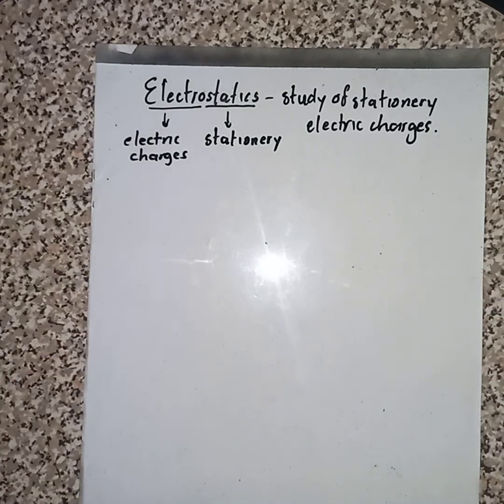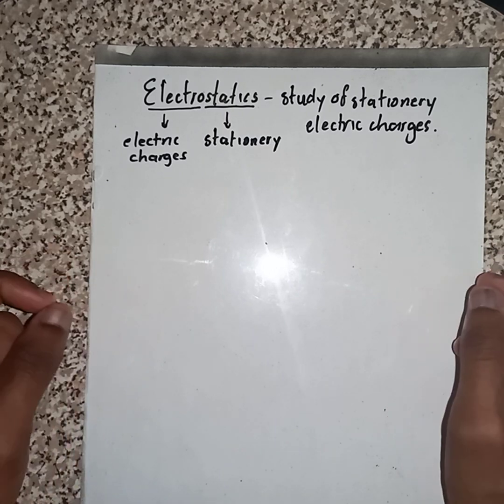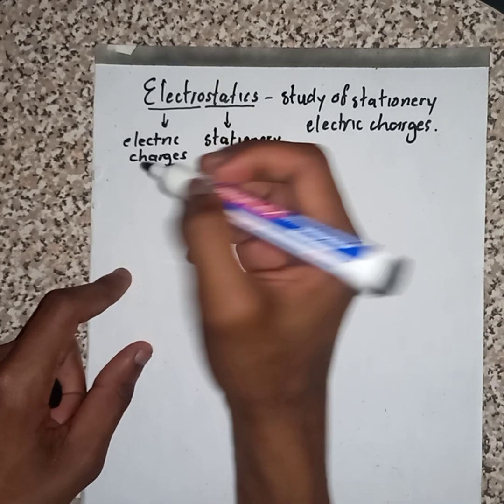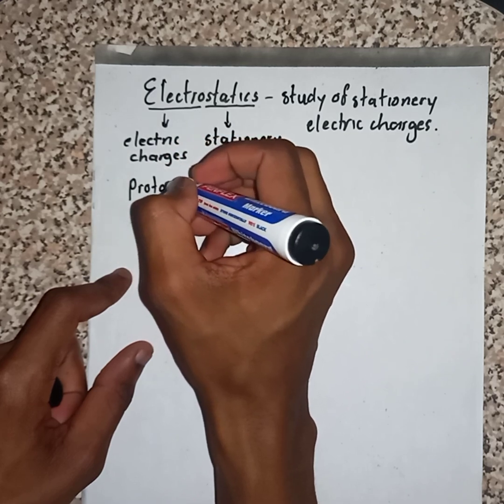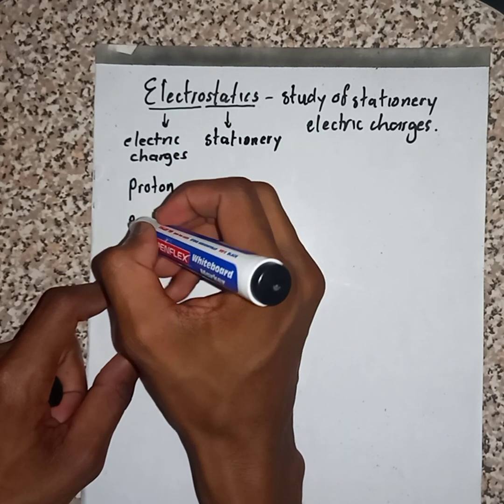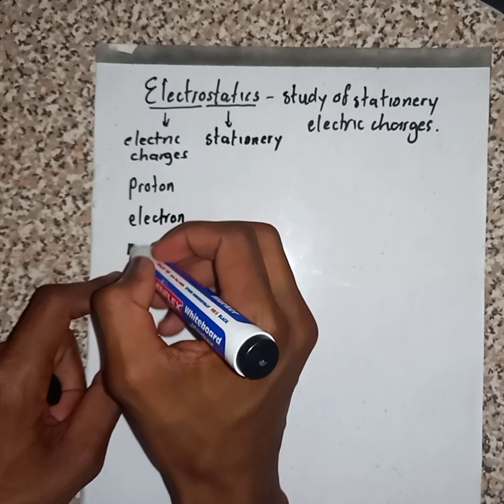You see, in fact we have three electric charges. Firstly, we have protons, electrons, and neutrons.